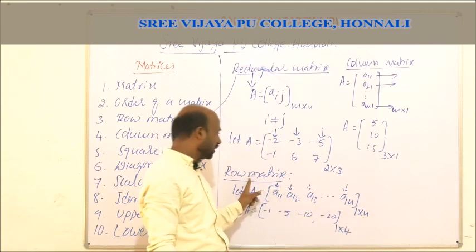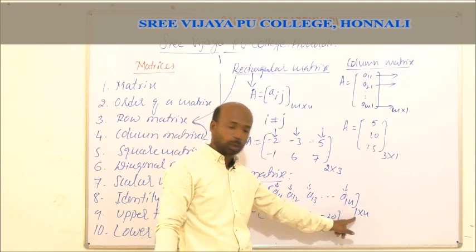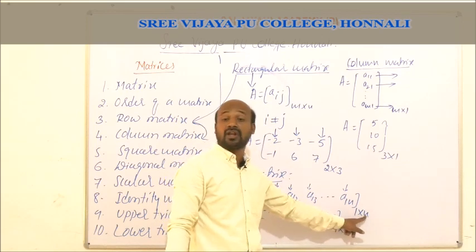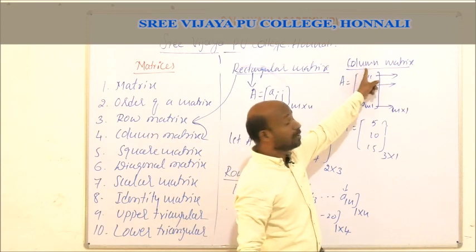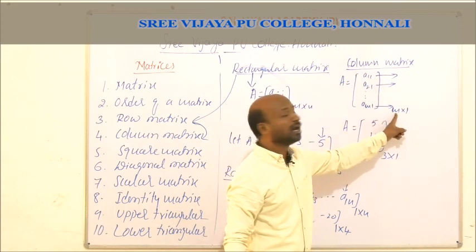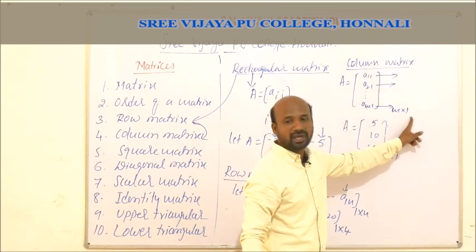Row matrix means it has only one row. The first number represents the row, the second number represents the column. It has one row, but the number of columns is n. In the case of a column matrix, it has only one column, but the number of rows is m. So in general, the order of the column matrix can be taken as m by 1.